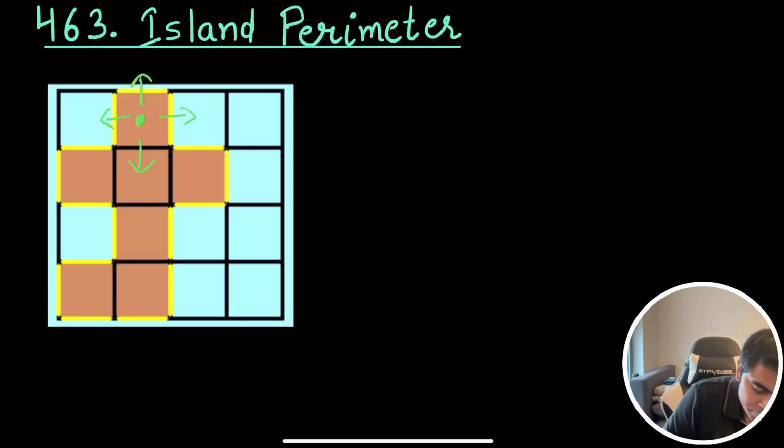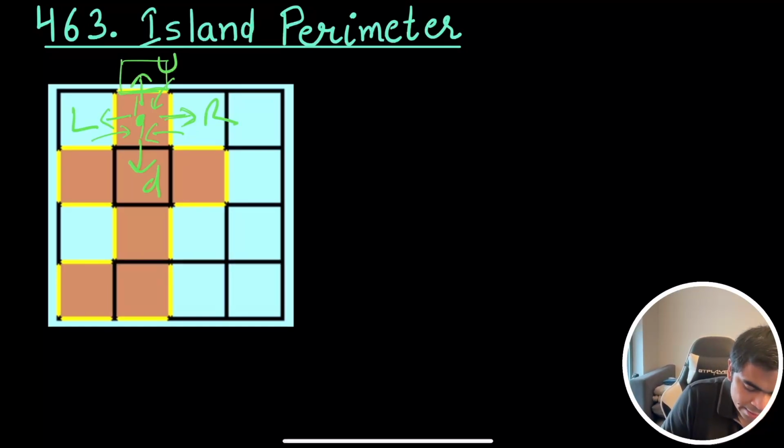So basically this right, left, up and down, I'm going to check: is this out of bound? If it is, this should return 1, this should return 1, and if this is water, then also it should return 1.